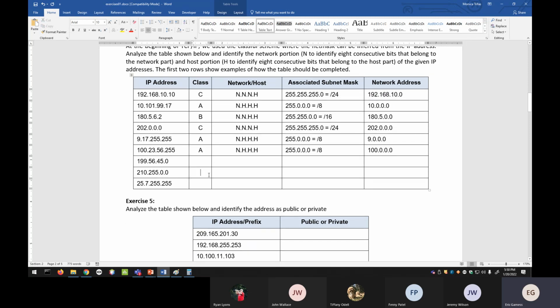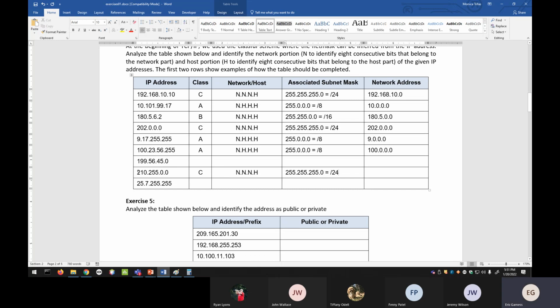What about this one? Let's do this one. It starts with 210. It's a C. If it's a C, the separation will be here. So it will be network, network, network, host. So it will be 255.255.255.0, or /24.